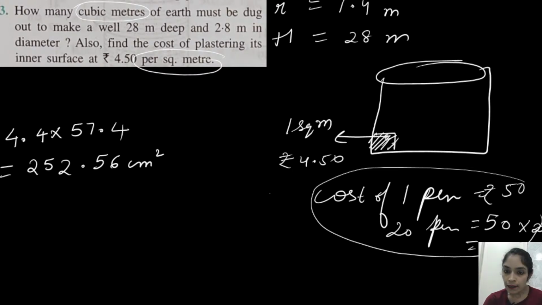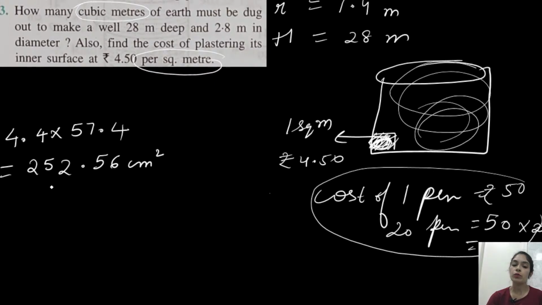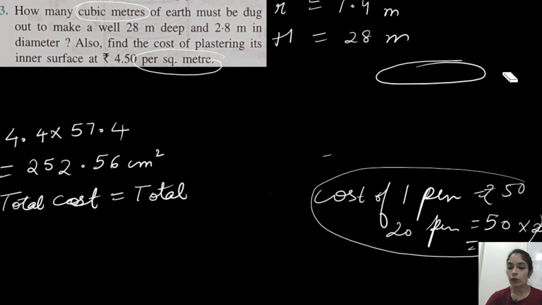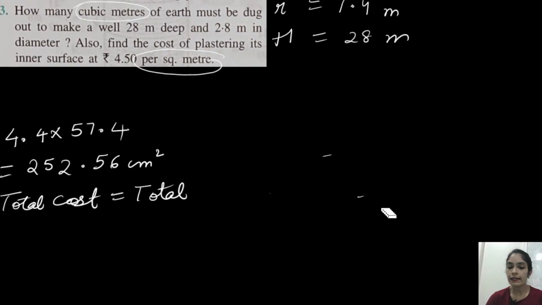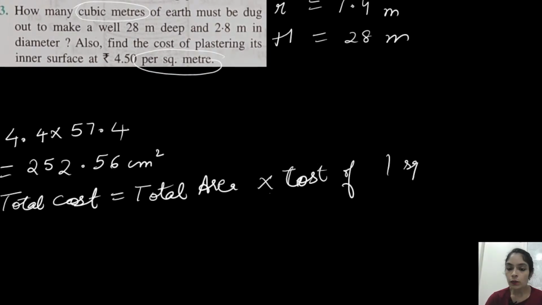So same here, the cost of 1 square meter is given to us, that is 4.50. If we have to find the cost of this full area, how will we find the total cost? Like here the total was 20 pens, so here it will be total area into the cost of 1 square meter.